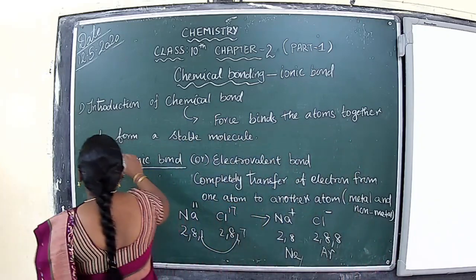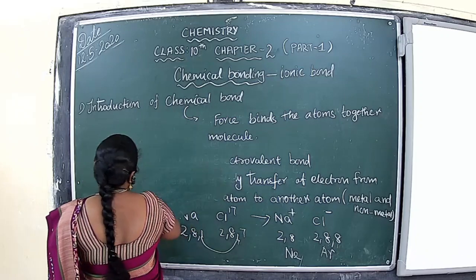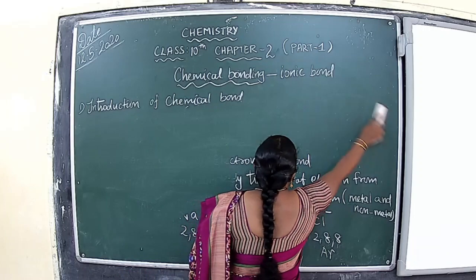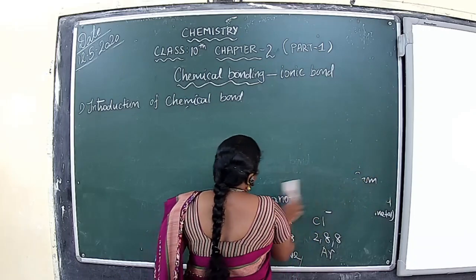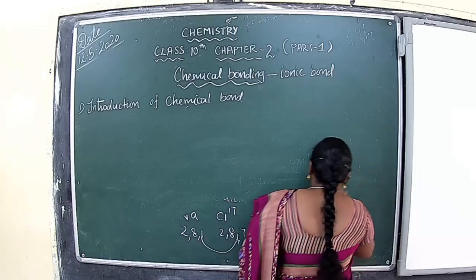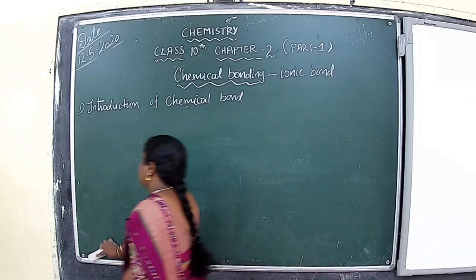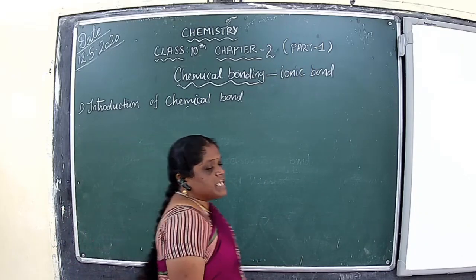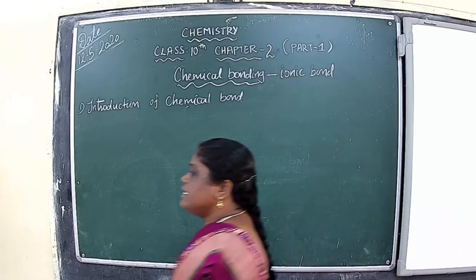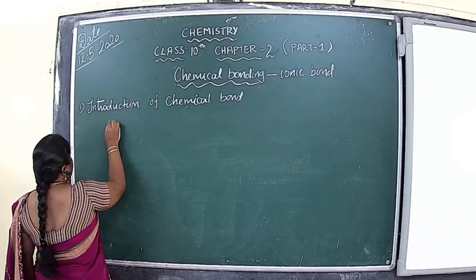Electrovalency means the number of electrons lost or gained to attain the stable electronic configuration or to form a stable molecule. That is known as electrovalency.